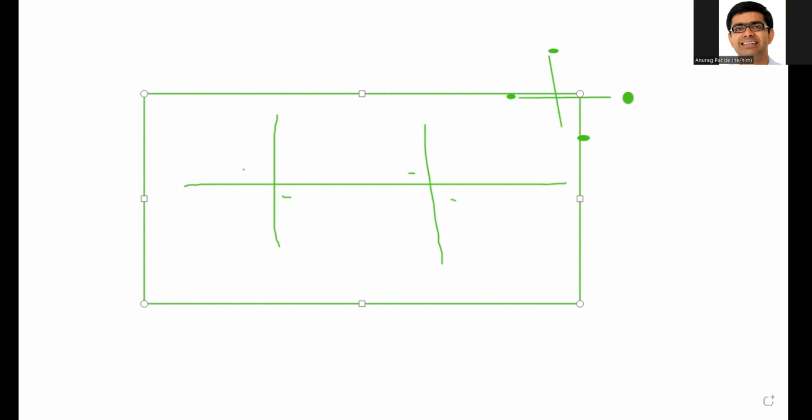So for example, we have a different color here. You'll be able to create a route that goes here. Okay, so that's your one route. The other route will be starting from here, going over here.